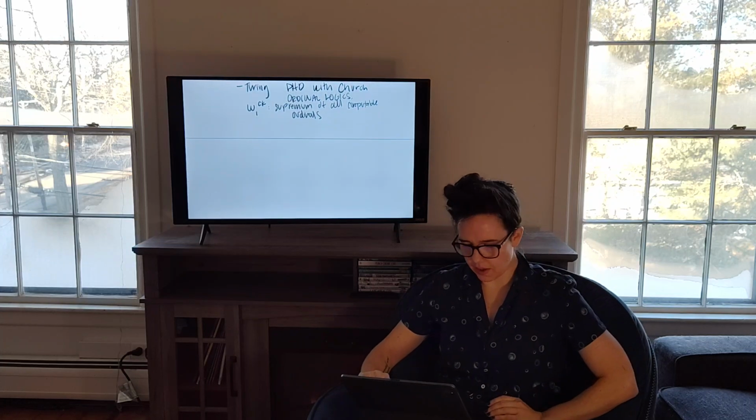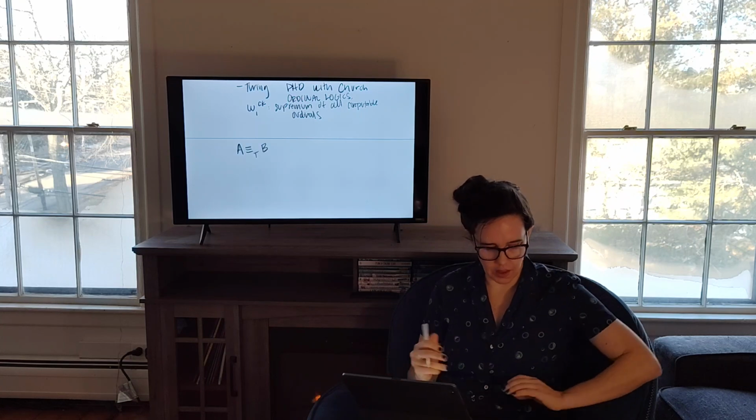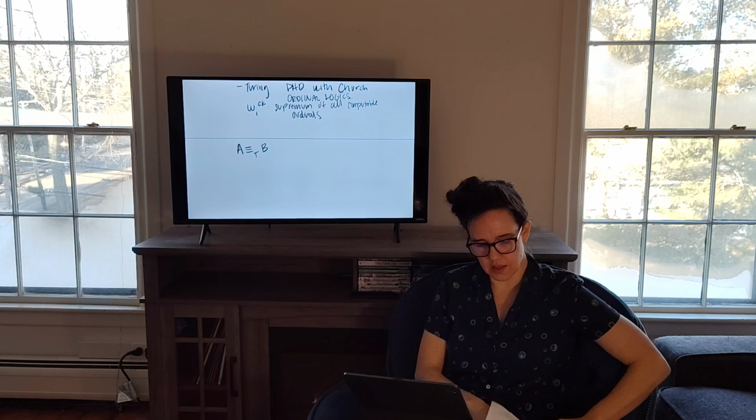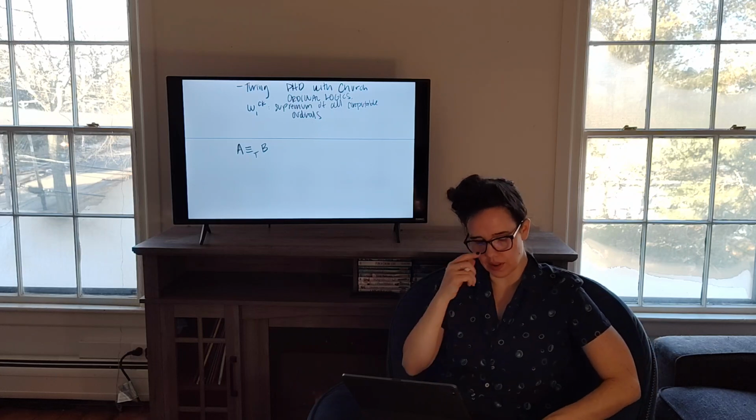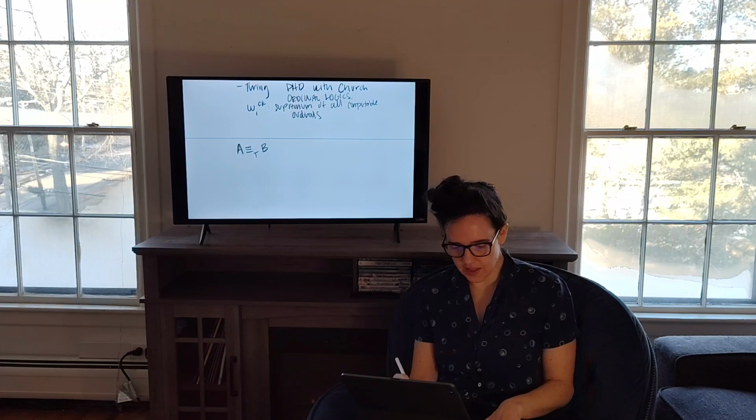So we talked about Post and Turing reducibility. A with the three lines and a T means Turing equivalent.